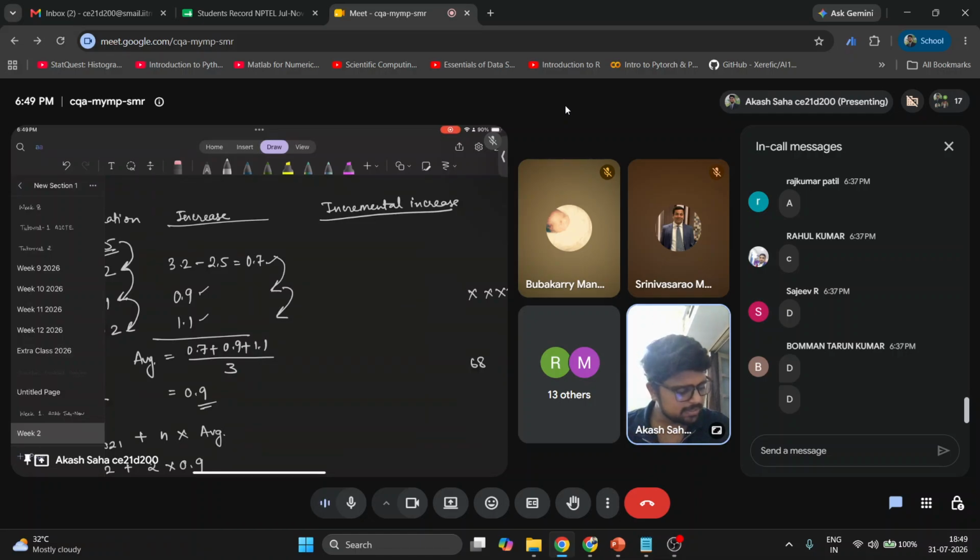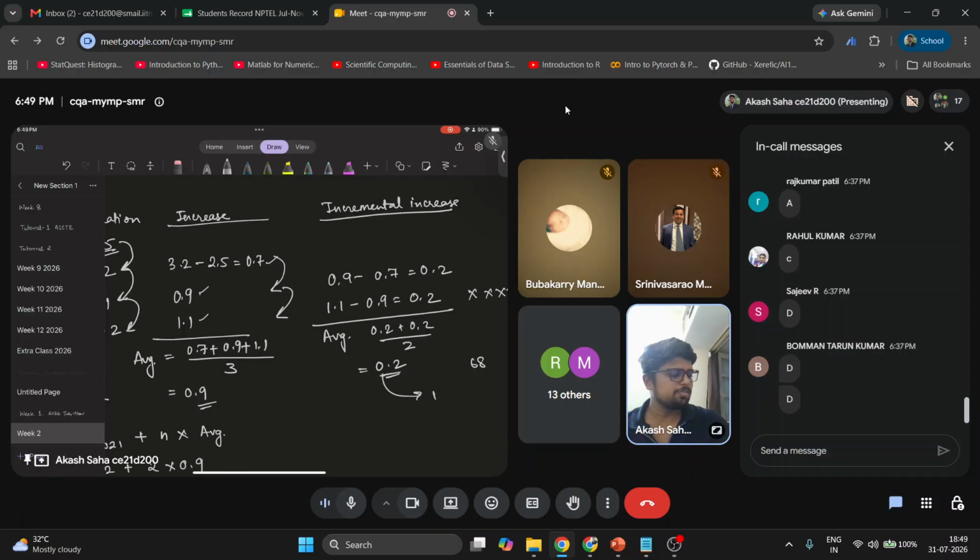This will be 0.9 minus 0.7, so 0.2. Then 1.1 minus 0.9, that is again 0.2. So we have to take the average of it: 0.2 plus 0.2 by 2, that is 0.2. So this is the incremental increase, which we call I.